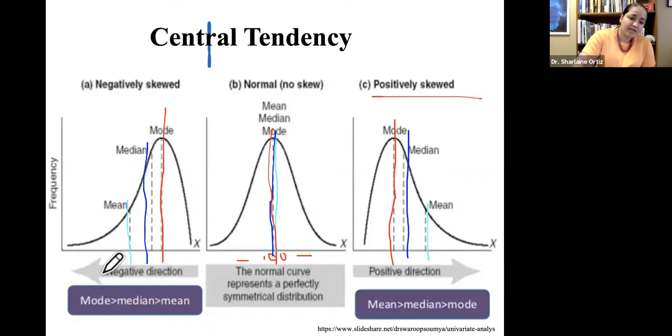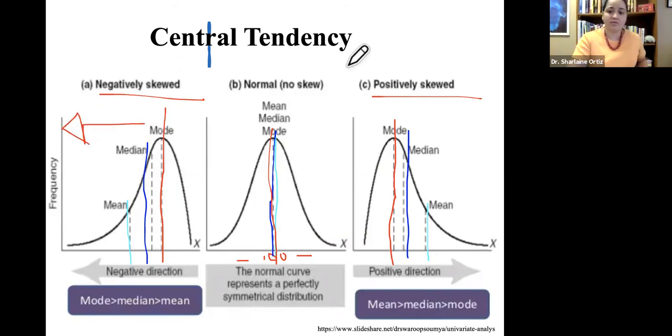And then we look at the negative direction, so negatively skewed, you see that the mode is greater than the median, is greater than the mean. So notice that this is not normally distributed, because in a normal distribution, everything will fall in the middle. Whereas here, you're noticing that the data is pretty spread out. In this case, it's spread out towards the negative. And in this case, it's spread out towards the positive.